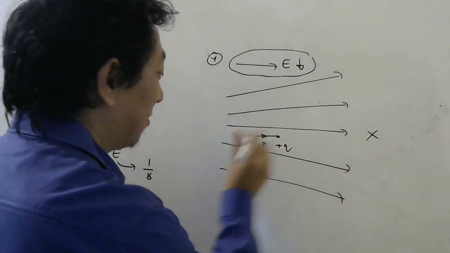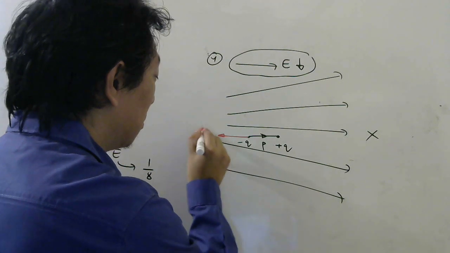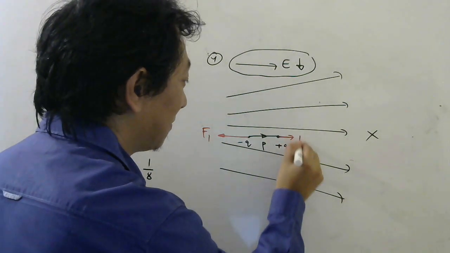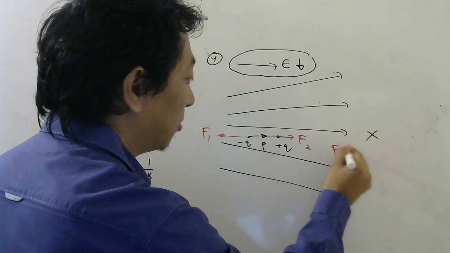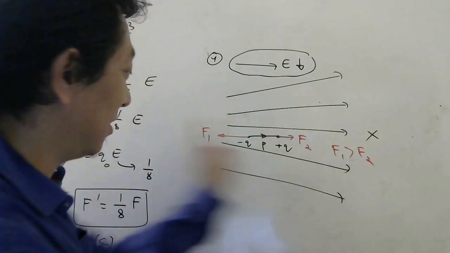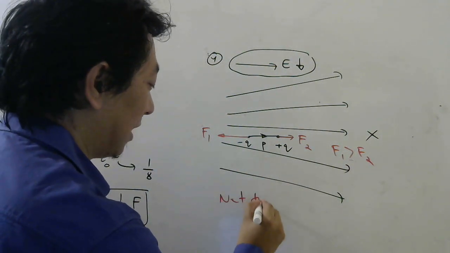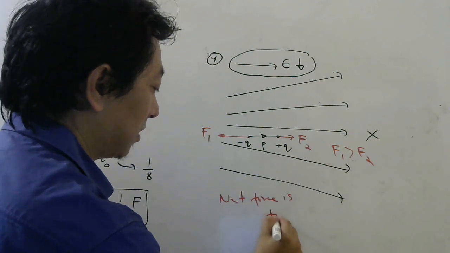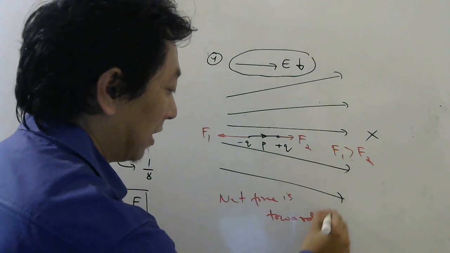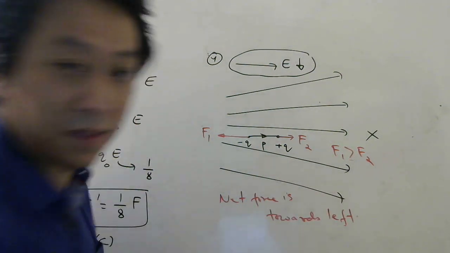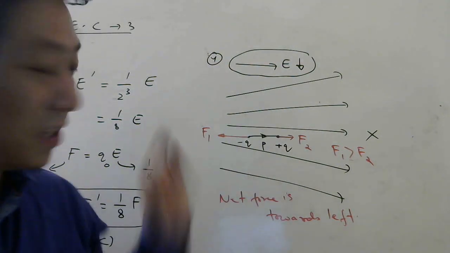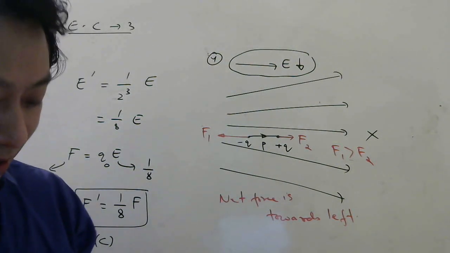Opposite to electric field. So this charge will feel more force than this charge. So since force on this charge is more, immediately you can say net force is towards left. Net force is towards left in the diagram. Okay. Now you can change many things here and see how the answer will change.